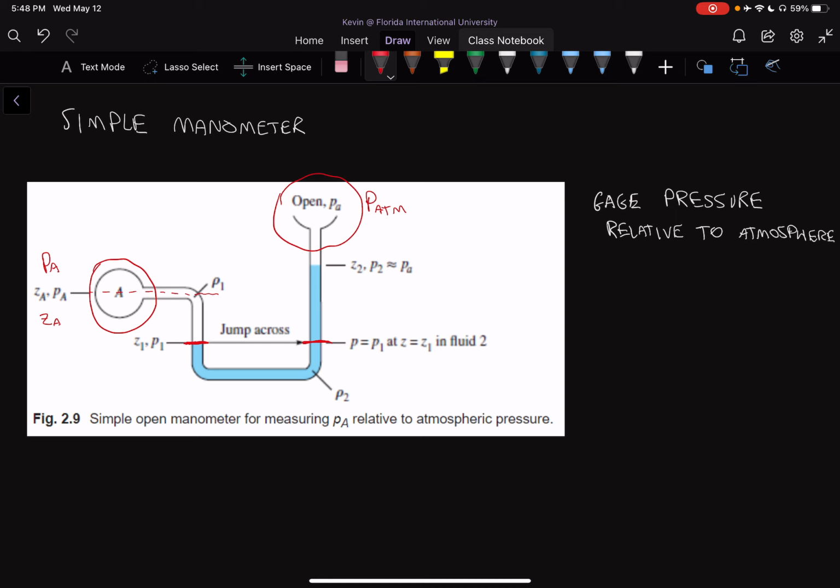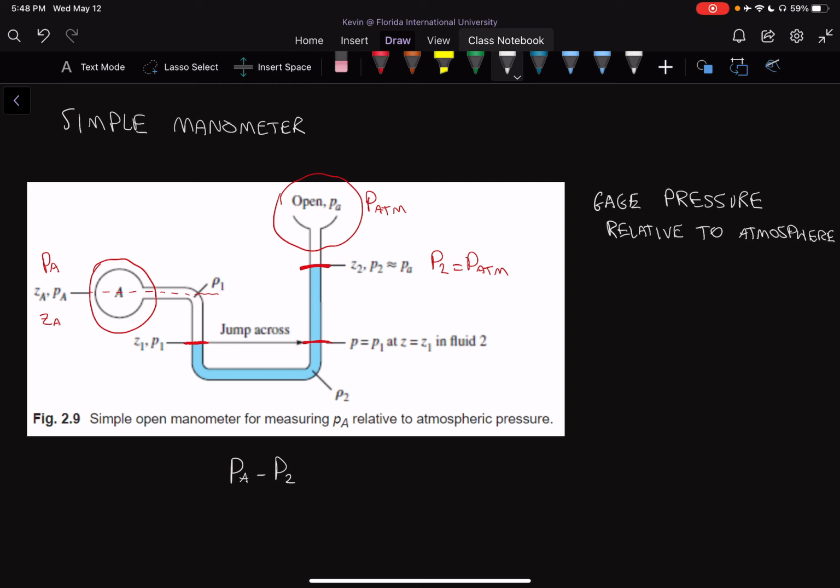Pressure atmosphere is actually P2, at this level. So our goal is to find PA minus P2. We're trying to find the gauge pressure relative to the atmosphere.